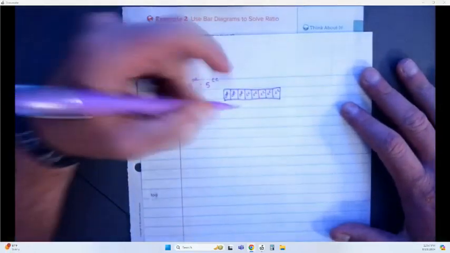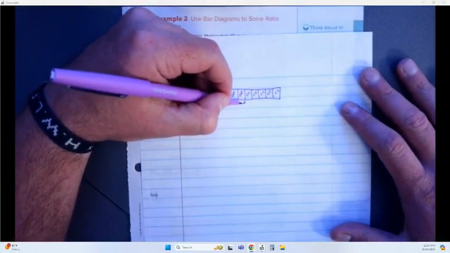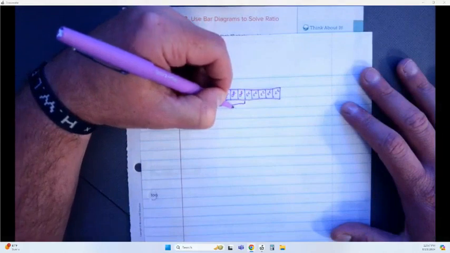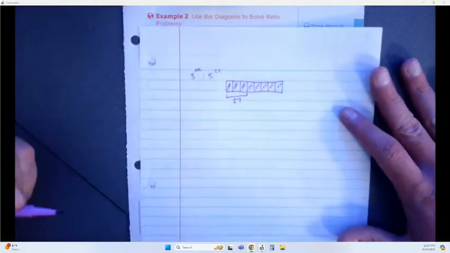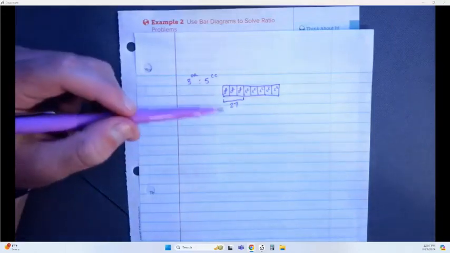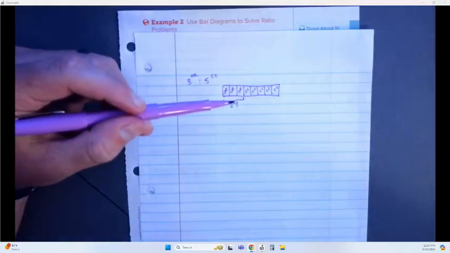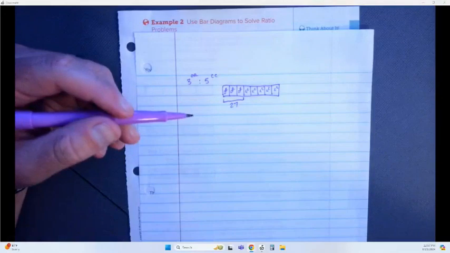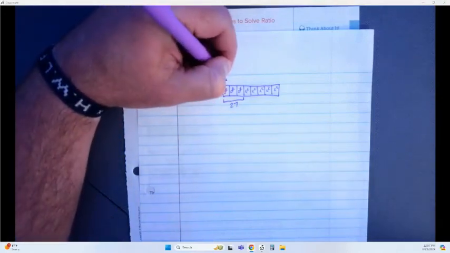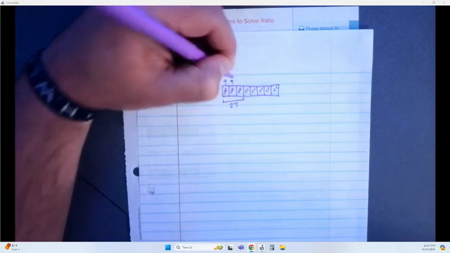So they're telling us that of this ratio, 27 are oatmeal raisin. So I'm going to say 27 divided by my 3 boxes, which represent oatmeal raisin. 27 divided by 3 is 9. So all boxes are now 9.